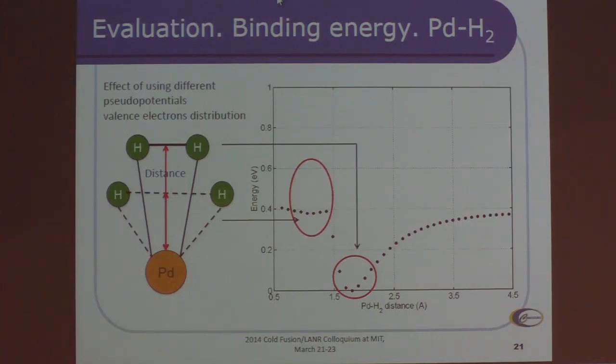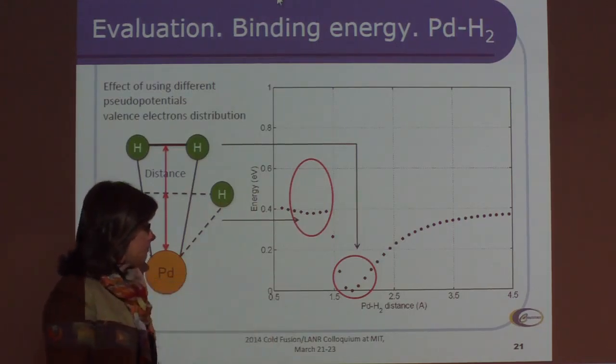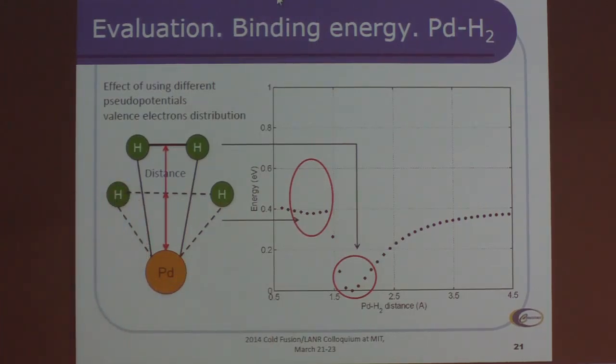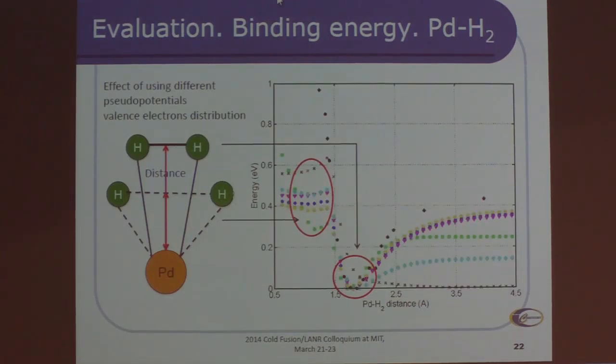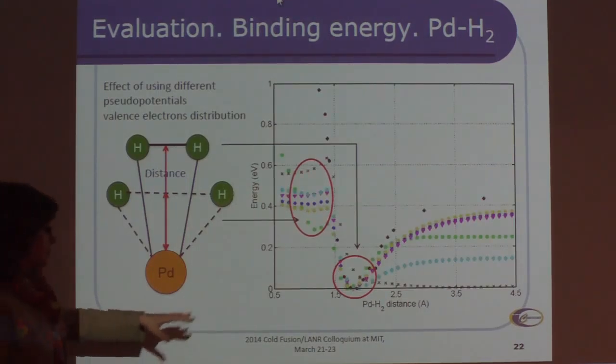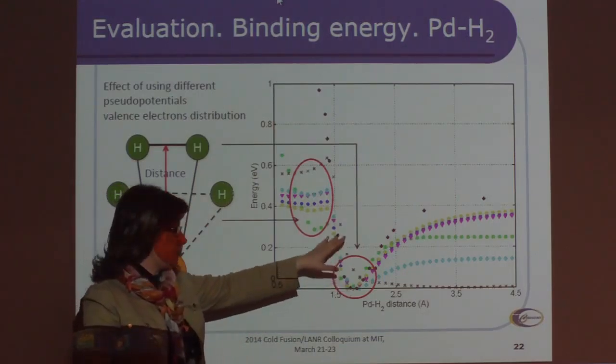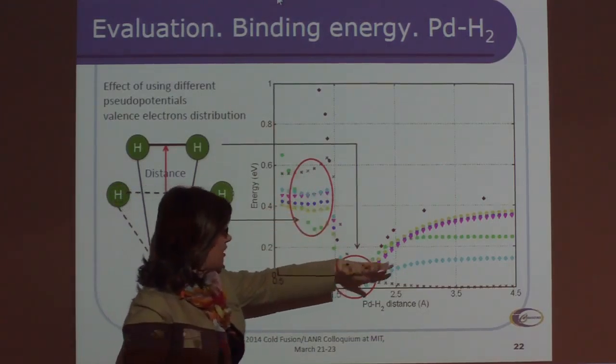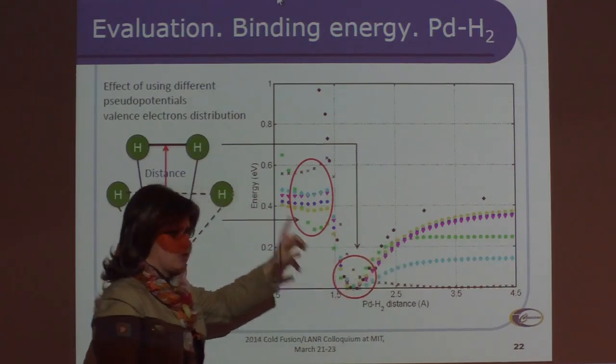But so yes, those are the calculations done with Quantum Espresso. It relatively matches the references. All of a sudden this plot becomes messy. Why? Because I used different pseudopotentials. So each color is a different pseudopotential.